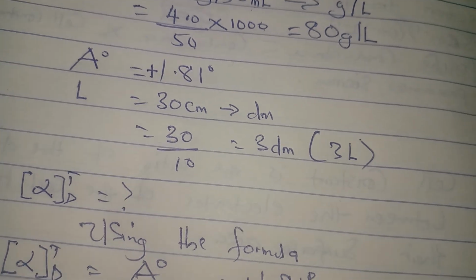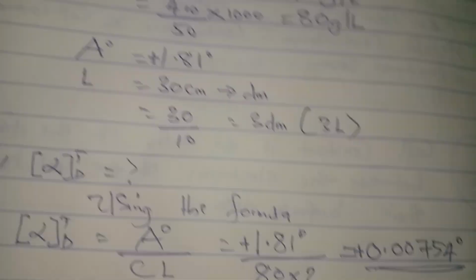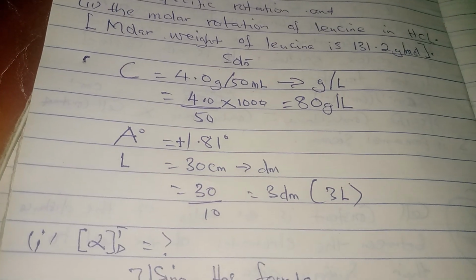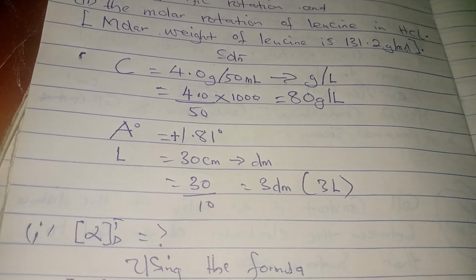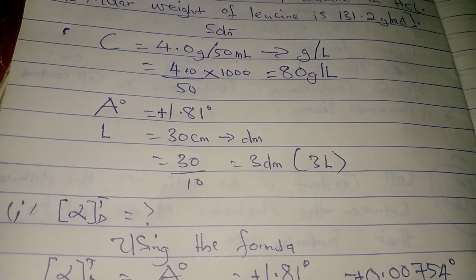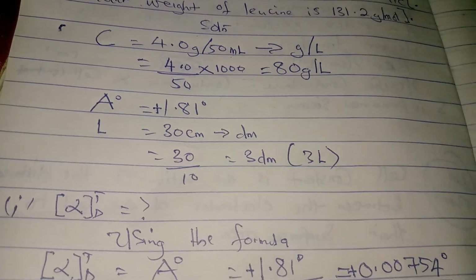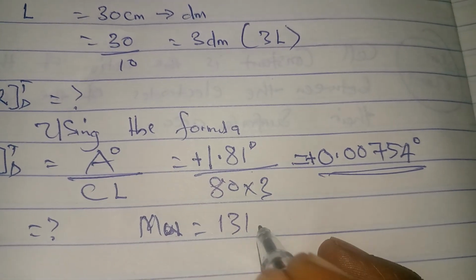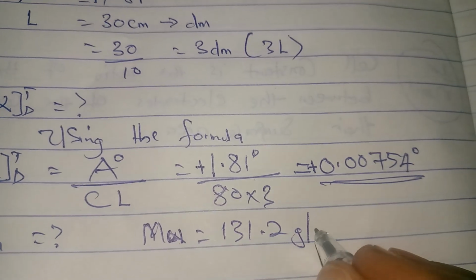Now, number two says you were asked to find the molar rotation. So molar rotation is symbolized with this, equal to nothing, but you were given the molar weight. The molar weight is symbolized with MW, equal to 131.2 gram per mole.